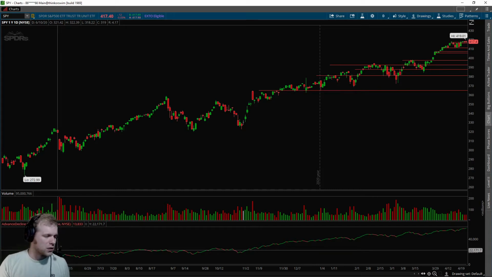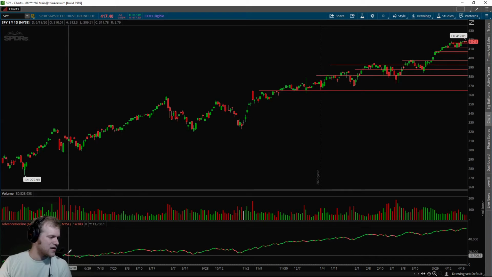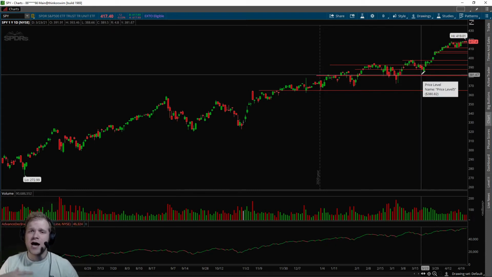If there were more decliners in a day than advancers, you can see it's red on here, and it's actually starting to slope downward, which means it's taking away from the cumulative. And so a lot of traders use this to try to gauge market sentiment. Are a lot of different stocks and securities following the market higher, or is this just a shallow rise where not many stocks and securities are participating?